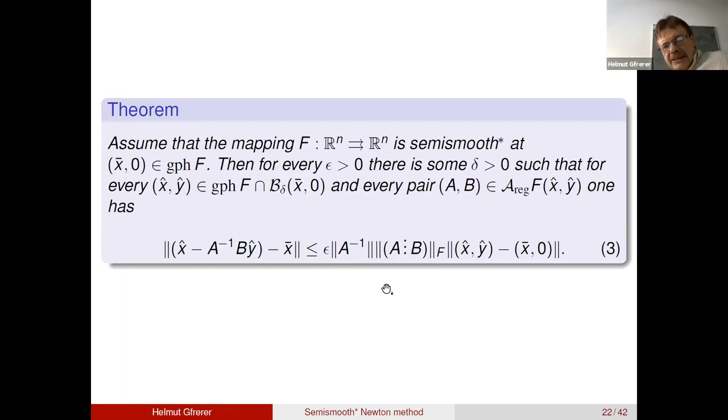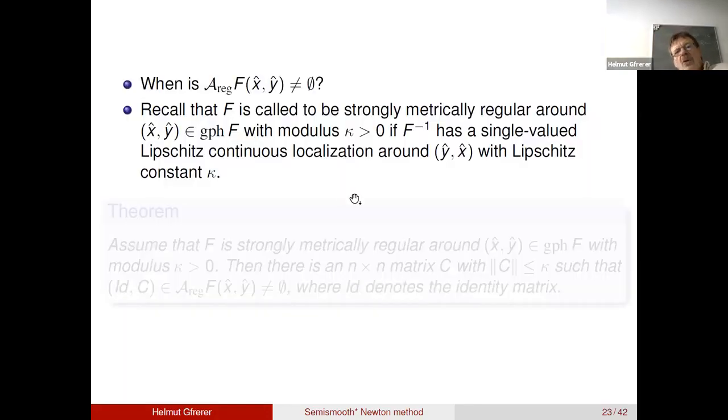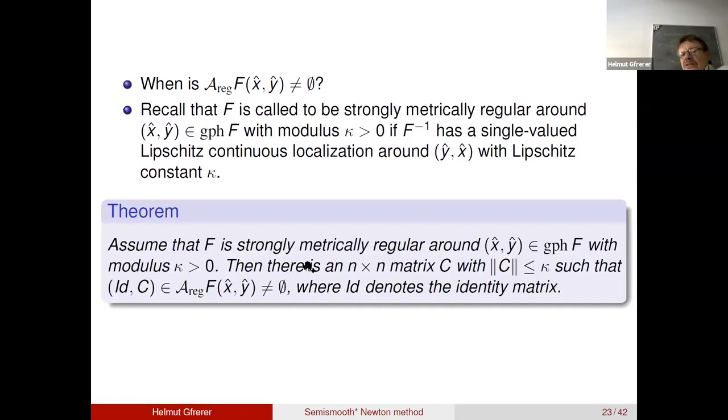When does something like this exist? Recall the definition of strong metric regularity. A mapping F is strongly metrically regular if the inverse mapping has a single-valued Lipschitz continuous localization with Lipschitz constant, let's say, kappa. Now assume that F is strongly metrically regular around some point (x hat, y hat) with modulus kappa.